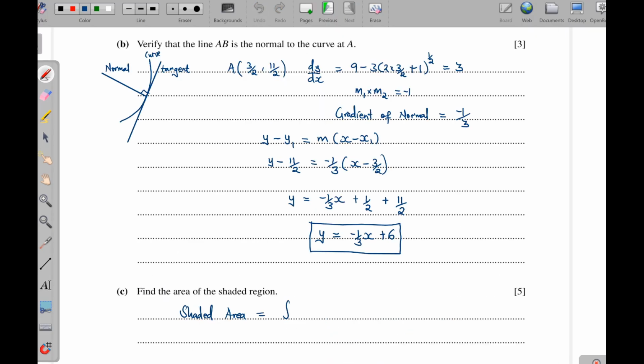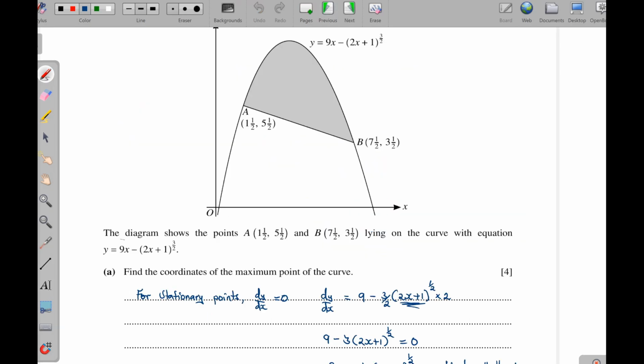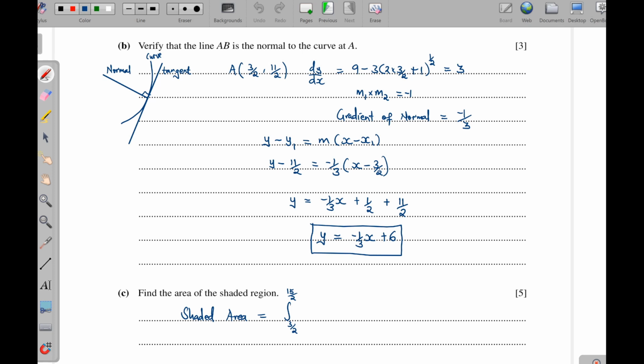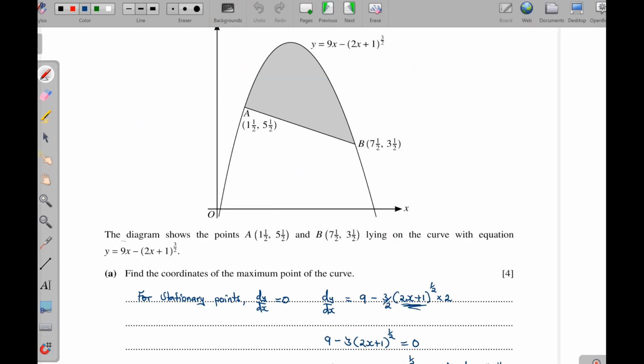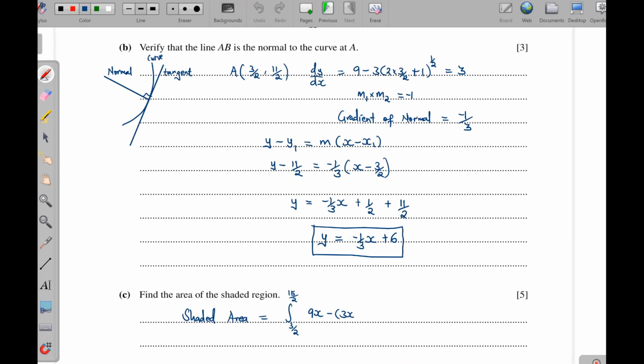3 over 2 and then 15 over 2. Then we have the equation of the curve, 9x, then minus, actually it is 2x plus 1, it is 2x here, plus 1 to the power of 3 over 2.